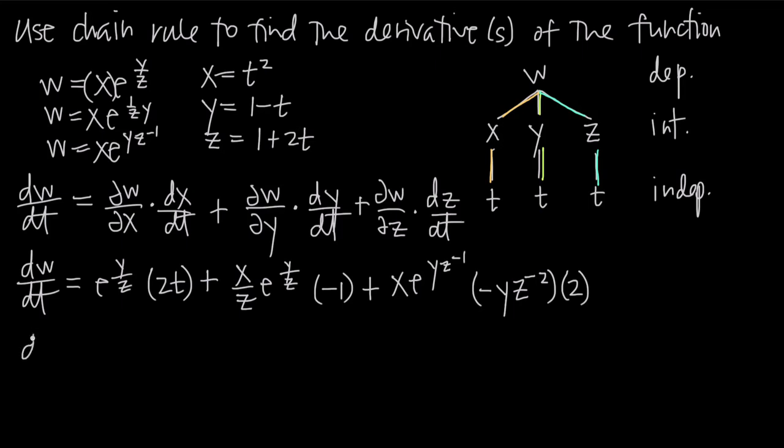We just need to simplify it as much as we can. So we're going to say dw/dt is going to be equal to, we'll bring this 2t out in front, so we'll say 2t e^(y/z). We'll bring this negative 1 out in front, so we'll say minus x/z e^(y/z). And then here we'll bring this negative out in front as well as the 2, so we'll say minus 2.